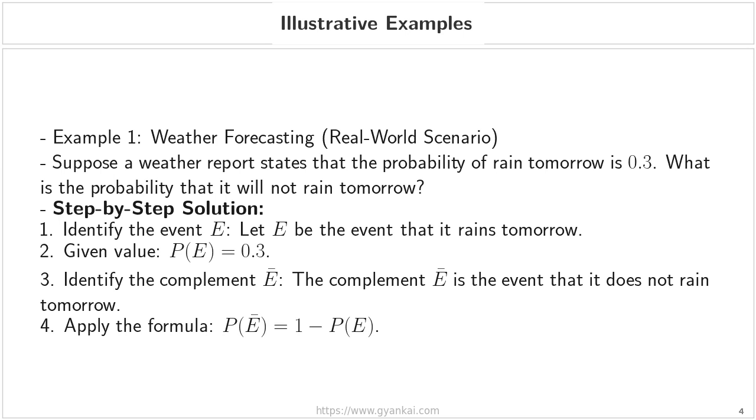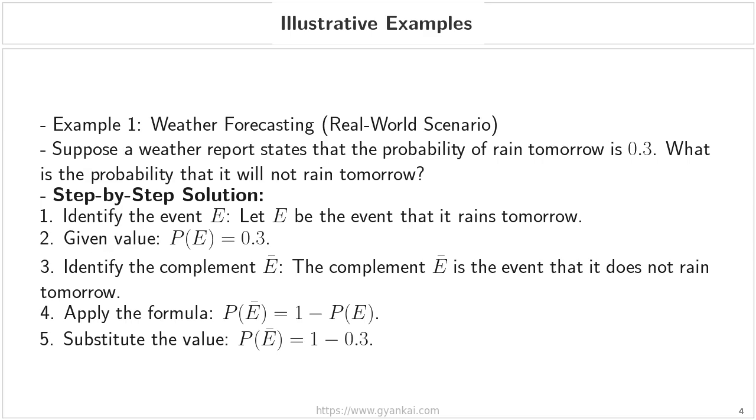Fourth, we apply the fundamental formula we learned earlier. To find the probability of the complement, we use the formula P of E bar equals 1 minus P of E. Fifth, we substitute our known value into the equation. This gives us P of E bar equals 1 minus 0.3.